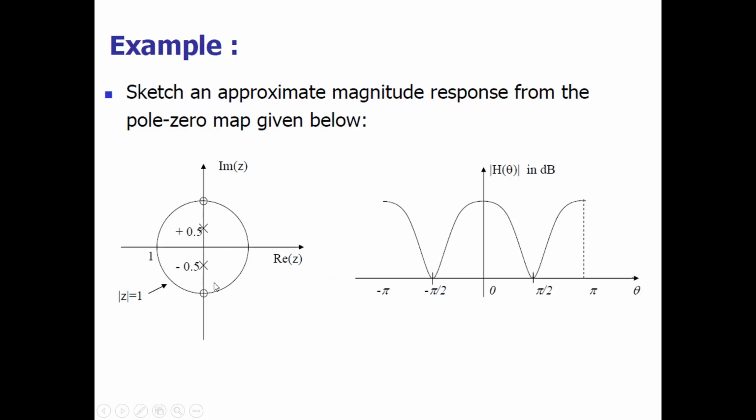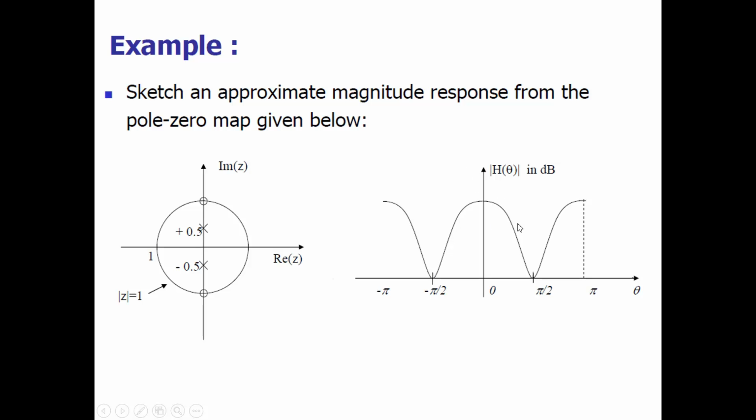Now let us look at this question in which two zeros are there corresponding to omega equal to pi by 2, and a complex conjugate pair of poles is there at omega equal to pi by 2. So what will happen, that is very sure, at pi by 2 and minus pi by 2 the response will go to 0. Now because the complex conjugate pair of poles is there and zeros are also there, it will ultimately lead to the broadening of this pulse shape.